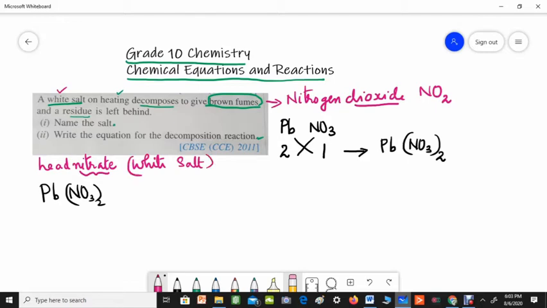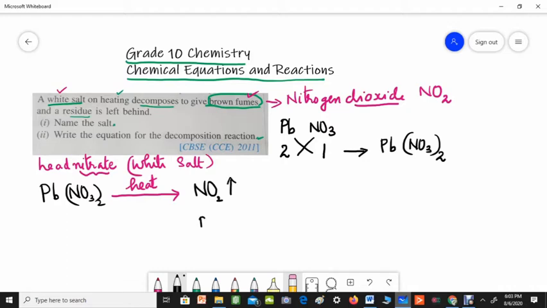Now, this is on heating. It produces brown fumes. So what is the brown fume? That is nitrogen dioxide, NO2, and it is a gas, so it liberates out.